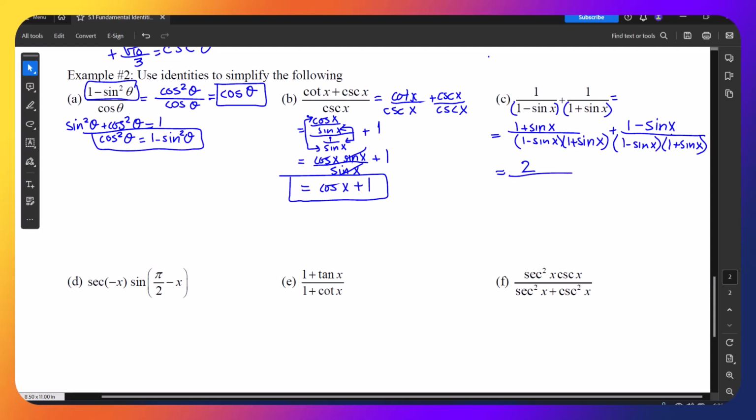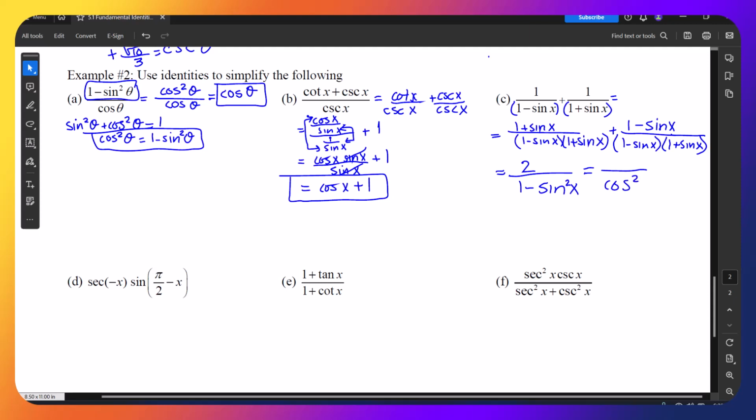Common denominator would be the product of these 2 factors, I should say, and that's the product of a sum and a difference. So we have 1 minus sine squared of x. Using the Pythagorean identity we looked at earlier, I can say 1 minus sine squared of x is really the same thing as cosine squared of x.